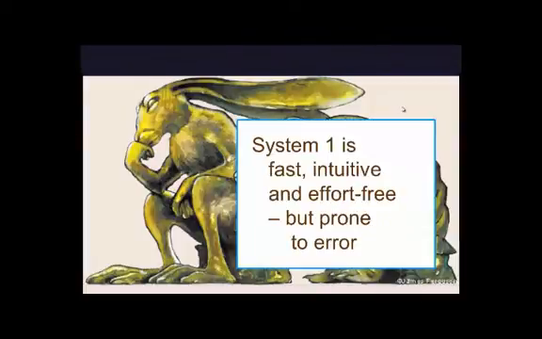System one, as he calls it, is fast, intuitive thinking. This is very effort-free, but it's also extremely prone to error.